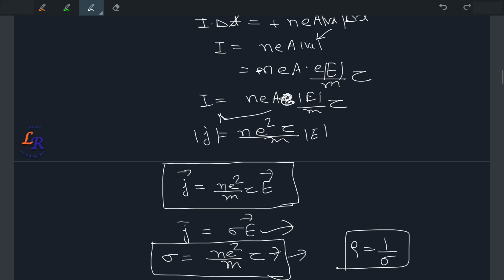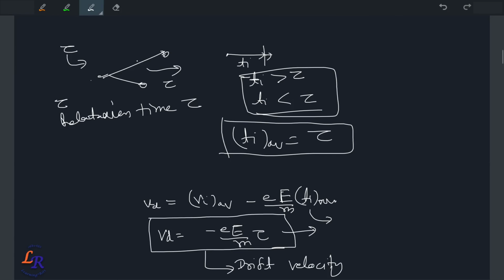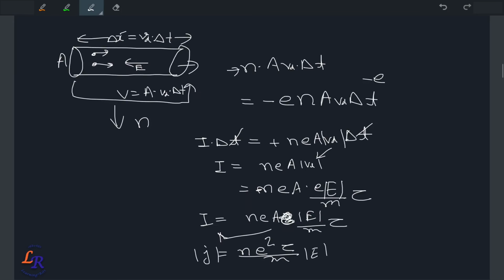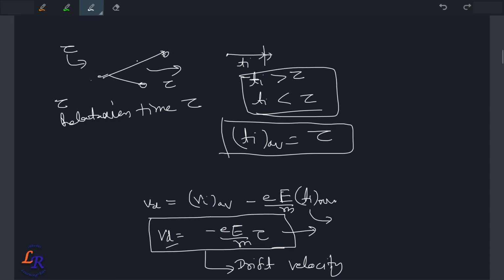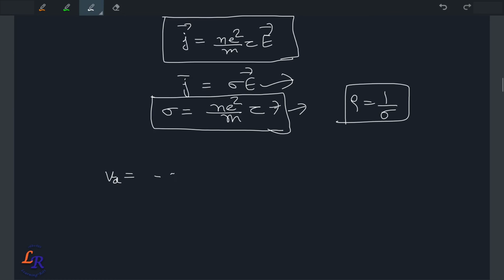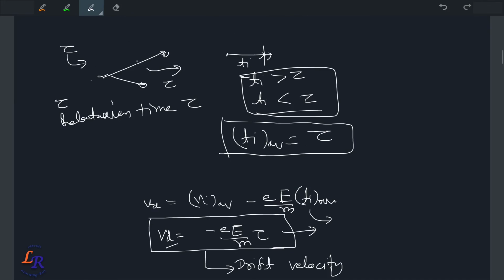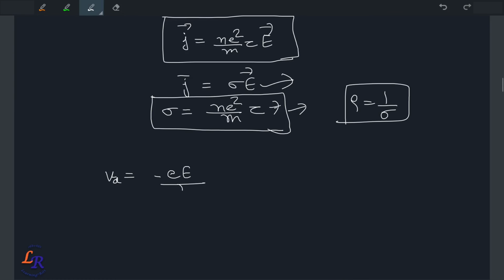Also, coming back to the drift velocity equation, if you write the drift velocity that we have just got, it is minus eE upon m tau.